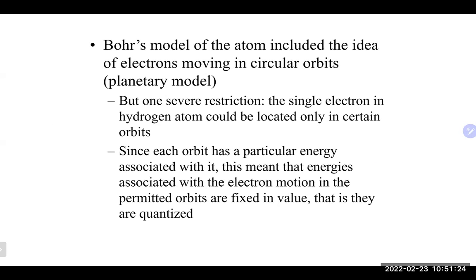So because electrons could only be found in certain orbits, they were restricted to traveling those until they transitioned down. He also labeled the different orbits and energies by energy levels, which is n. n is what is referred to as the principal quantum number.